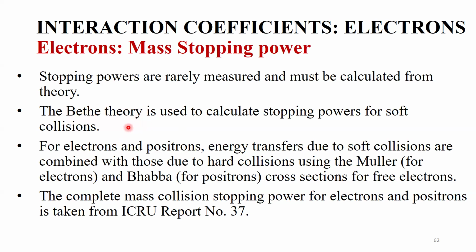So Bethe theory is a method to calculate the stopping power. It is particularly useful for soft collisions, meaning when I have low energy interaction between the electrons and the orbital electrons. So the Bethe formula gives me a detailed calculation of the stopping power for ionization and excitation.